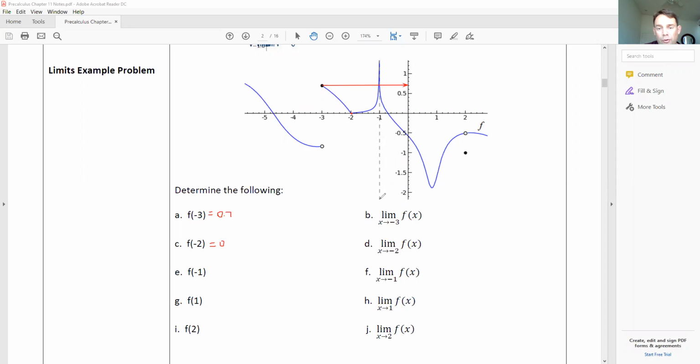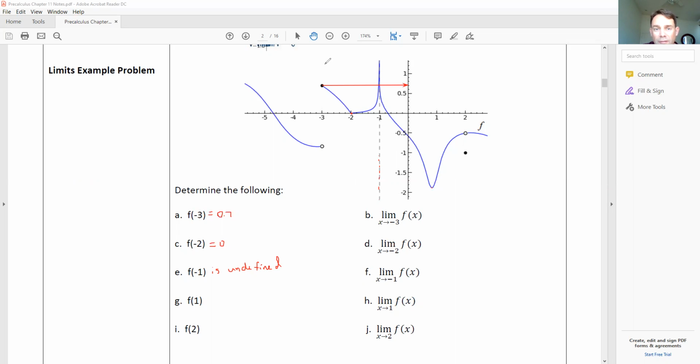At -1, notice what happens here. We have this line going up. So that means it is undefined because we have a vertical asymptote. So when we're doing function values, all we're looking for are solid dots. When it's 1, where's 1 at? Right about here.